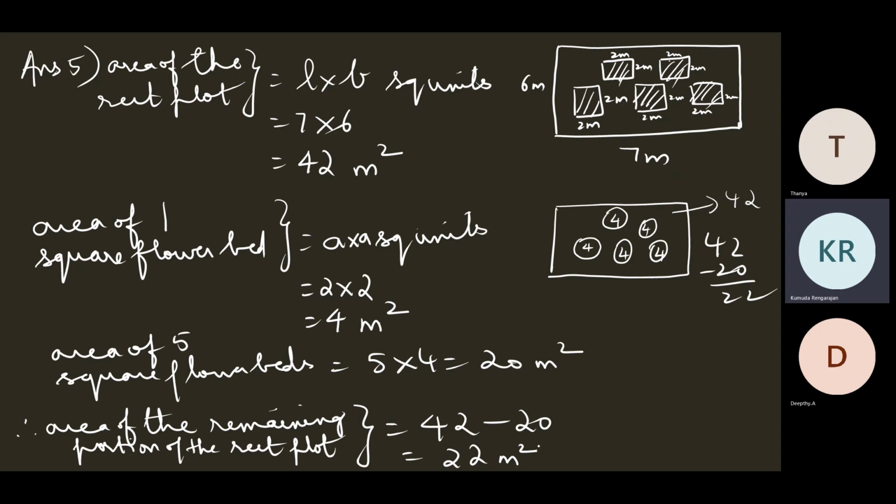This idea should flow in your mind. Only then you can write. It should not be like you find the area and then we are thinking next what to do. Once you read the question, the entire idea should flow in your mind. Only then you can write the answer.